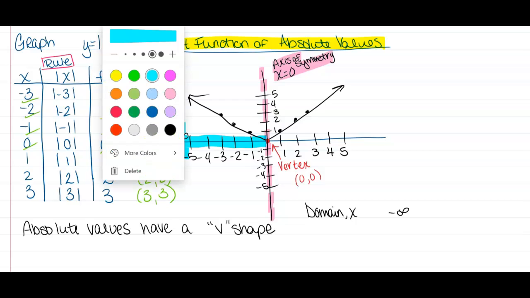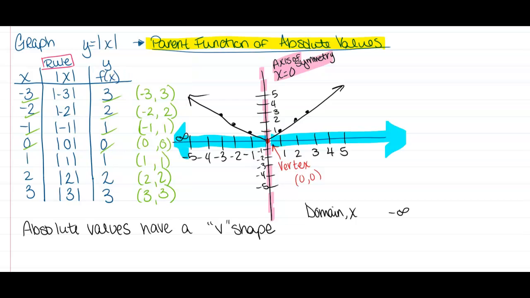And then we do the same thing on the right. Furthest point to the right, there is no furthest point to the right because it goes to infinity. So our domain will be -infinity to infinity. And when we write it in interval notation, infinity will always have parentheses.